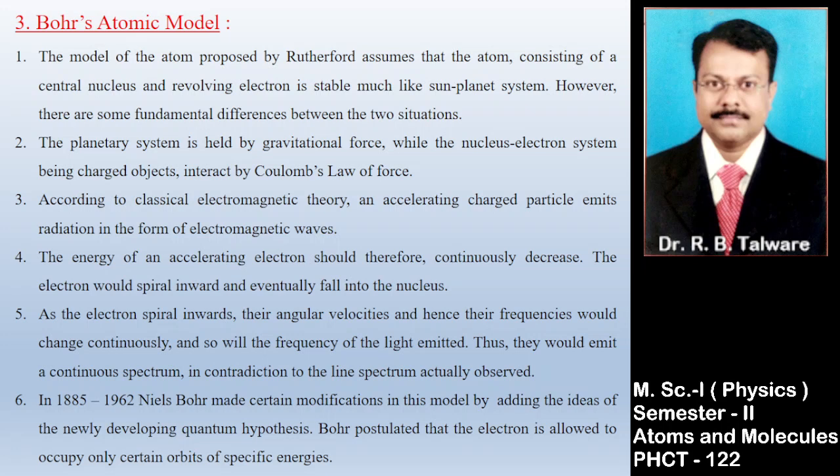Niels Bohr, 1885 to 1962, made certain modifications in the last two models by adding the ideas of the newly developing quantum hypothesis. Bohr postulated that the electron is allowed to occupy certain orbits of specific energies.